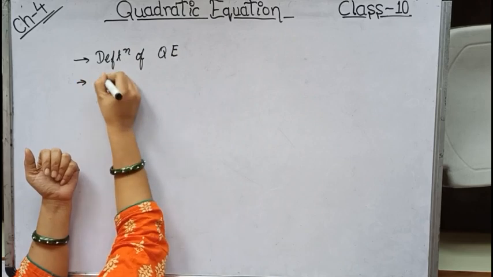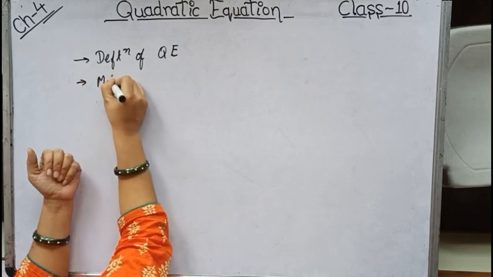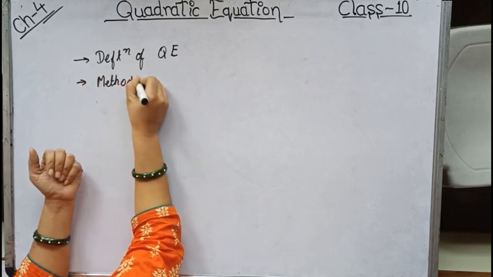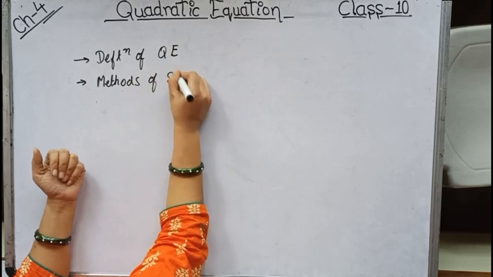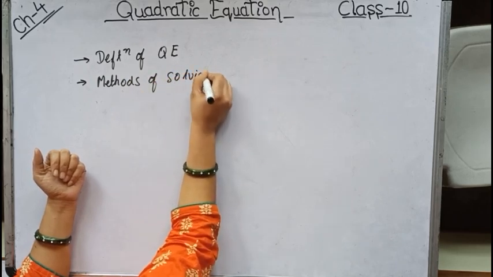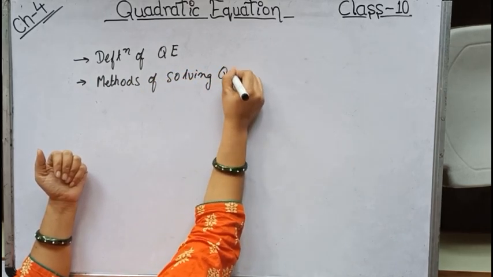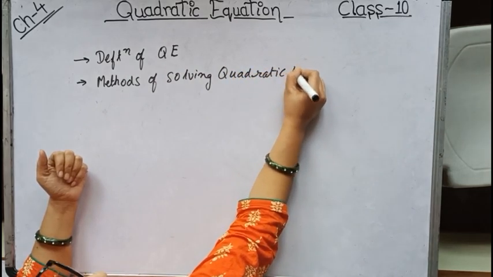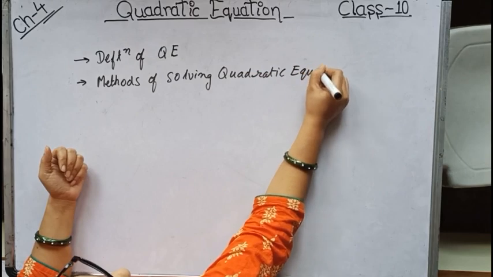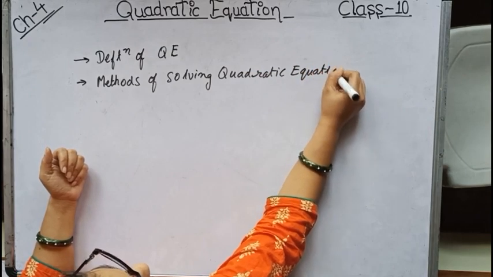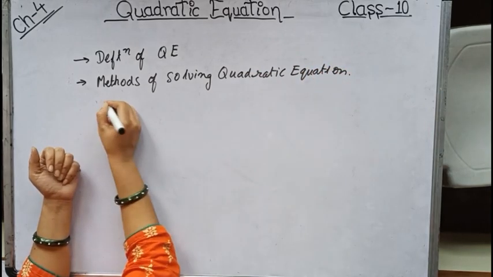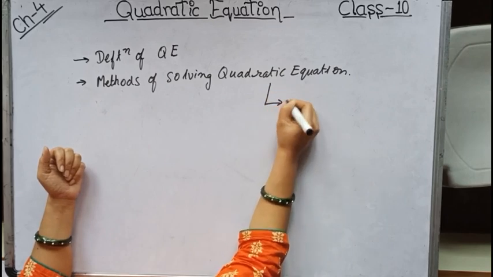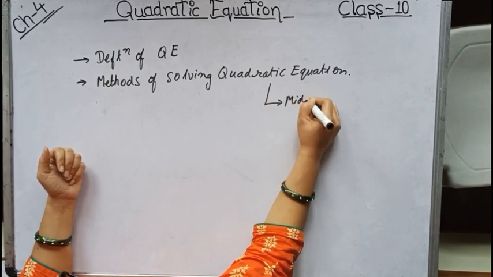Definition of quadratic equation. After that we will know the methods of solving quadratic equation. In the methods of solving quadratic equations, one method you already know, that is the middle term factorization method.